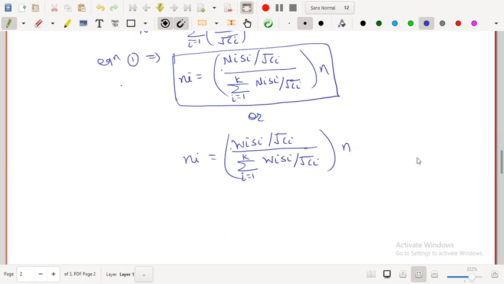So this is the expression for small ni in terms of Wi. In some examples, the value of capital Ni is given, so in that case we have to use this formula, and in some examples the values of Wi are given, so in that case we have to use this formula.